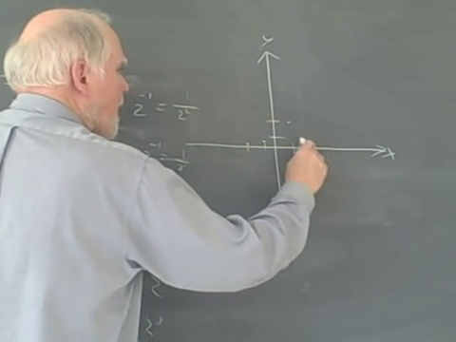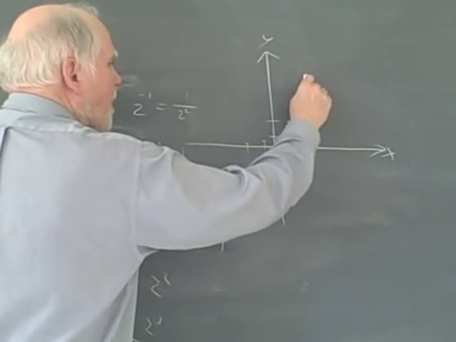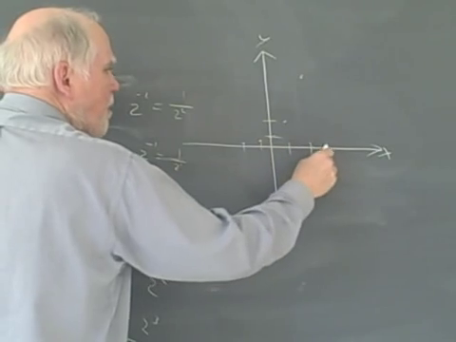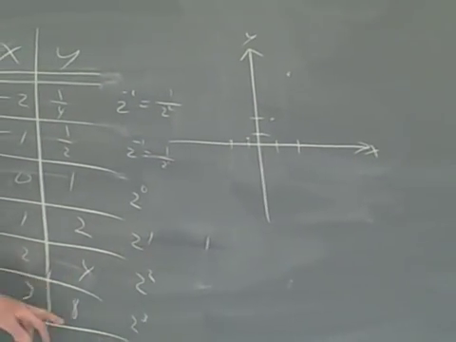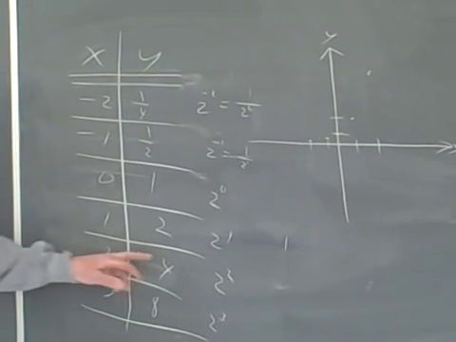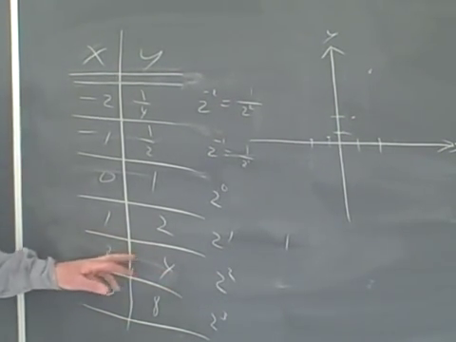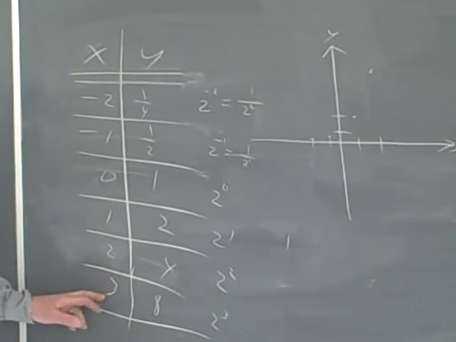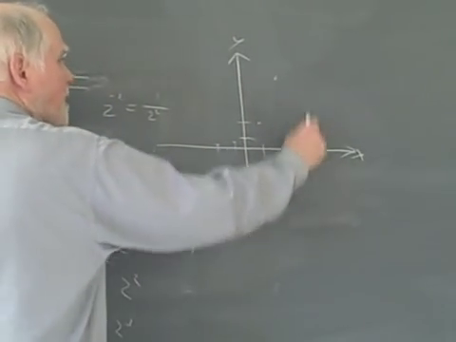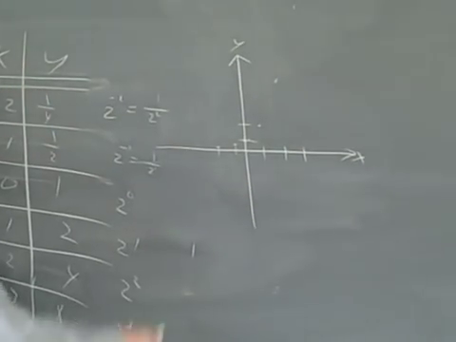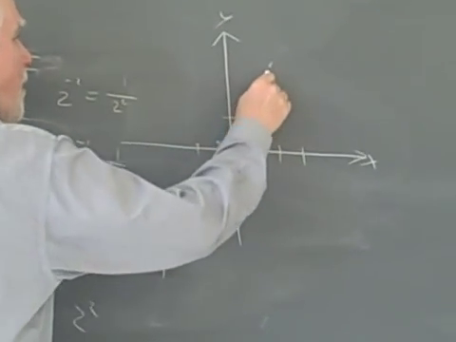If I put 2 in, I get 4, which is about up here. So it's growing, isn't it? And then I have 2 to the 3rd power, I get 8, don't I? So it gets even higher, it goes up twice as high. So it's growing and growing and growing like this.